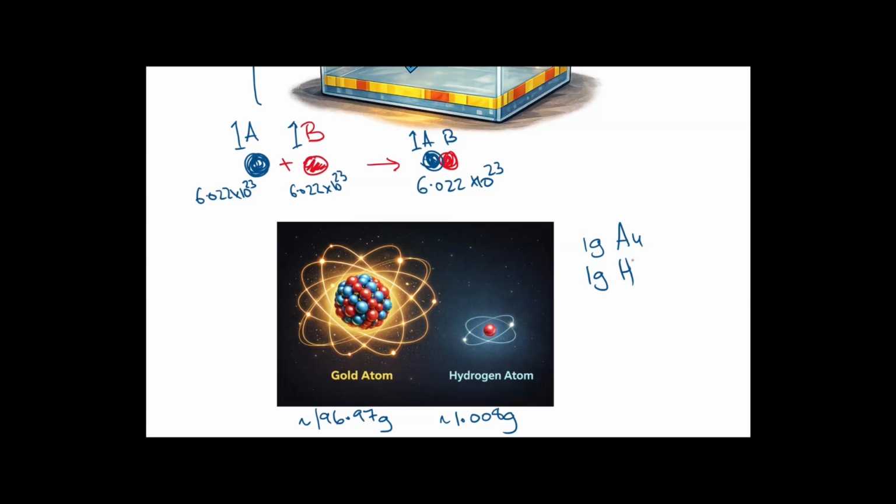Actually, no, it's the other way around. We will run out of the gold way, way sooner than we would run out of the hydrogen, because in 1 gram there are 200 times more hydrogen. So it doesn't make a lot of sense. We have to convert things to moles. Always convert things to moles. If you need to do reactions, it must be in moles.